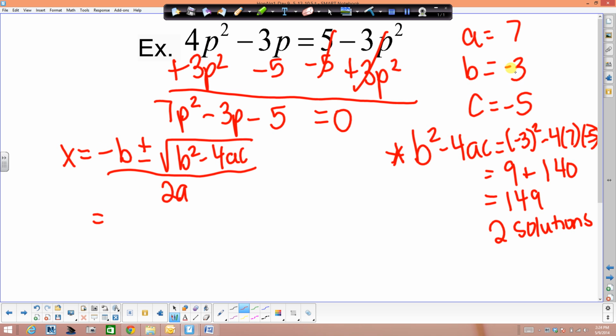So negative b, b's already negative, so the opposite would be positive 3 plus or minus the square root of 149 all over 2 times 7.